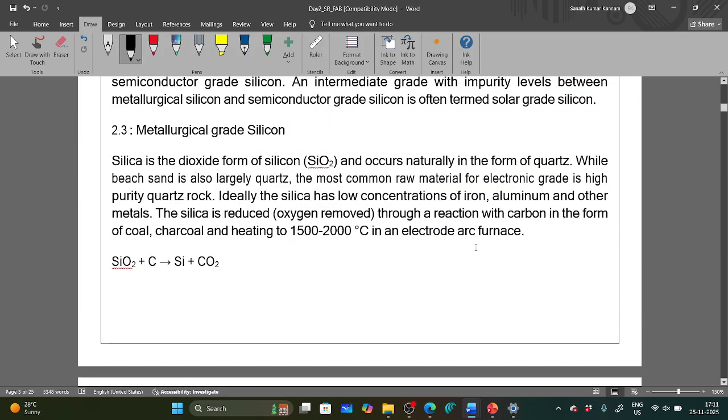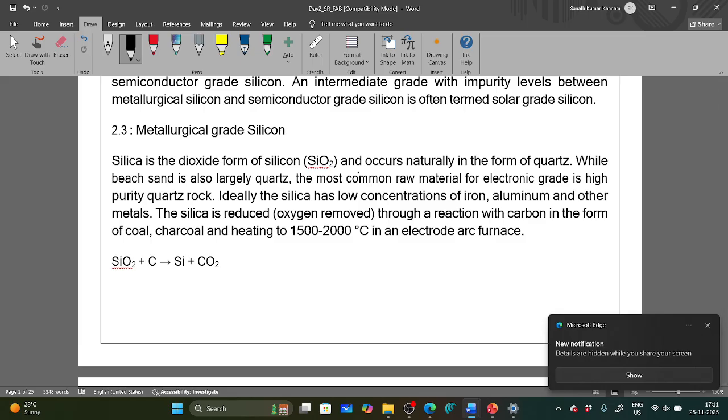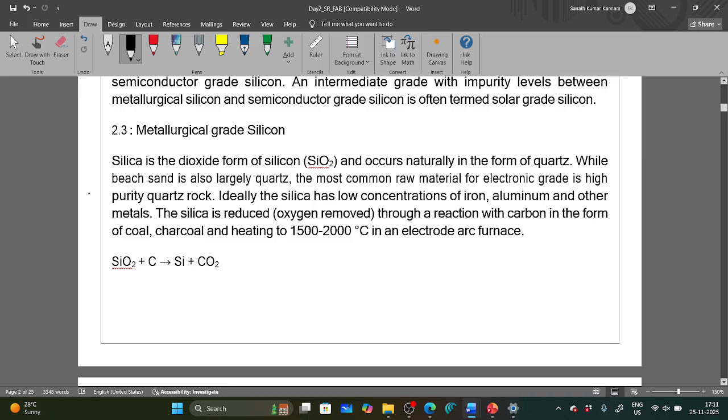Silicon is available in terms of oxygen, that is silicon dioxide. In metallurgical graded silicon, you react the silicon dioxide with carbon in the form of charcoal, heating it at 1500 to 2000 degrees Celsius.